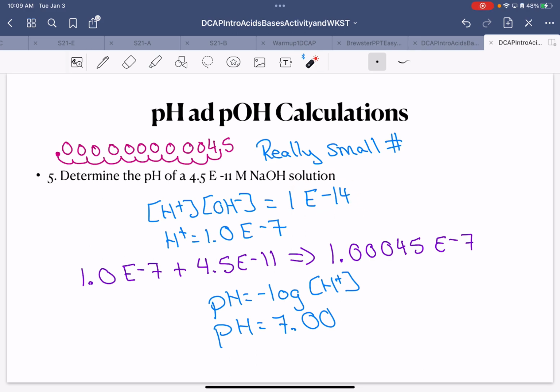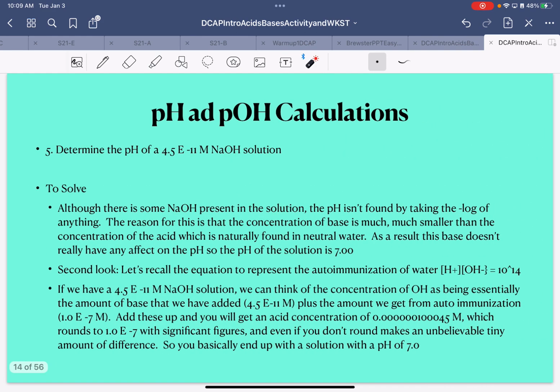And so when I look at that, my H plus is a 1.0e to the negative 7. Well, if I put those two numbers together, hopefully you can see that that 45 on the end doesn't really impact the number at all. And so when I do my pH here, I'm going to get basically a 7. Again, there's some more explanation there for you.